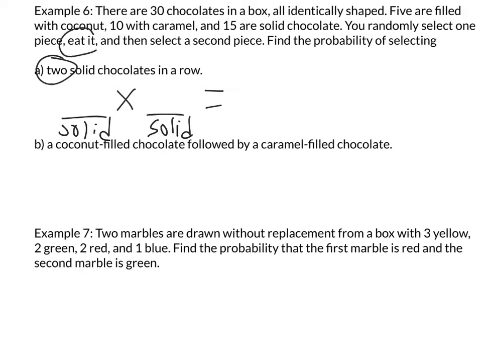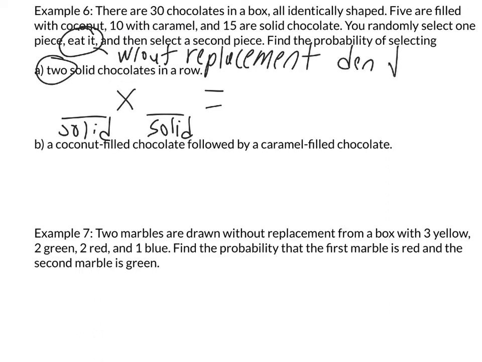Because you're eating each piece after you select it, this is an example of without replacement or dependent events. Dependent events, meaning the bottom of these fractions is going to go down by 1. The denominator, I'll put den for denominator again, goes down. You'll never select the same piece twice if you're eating it.